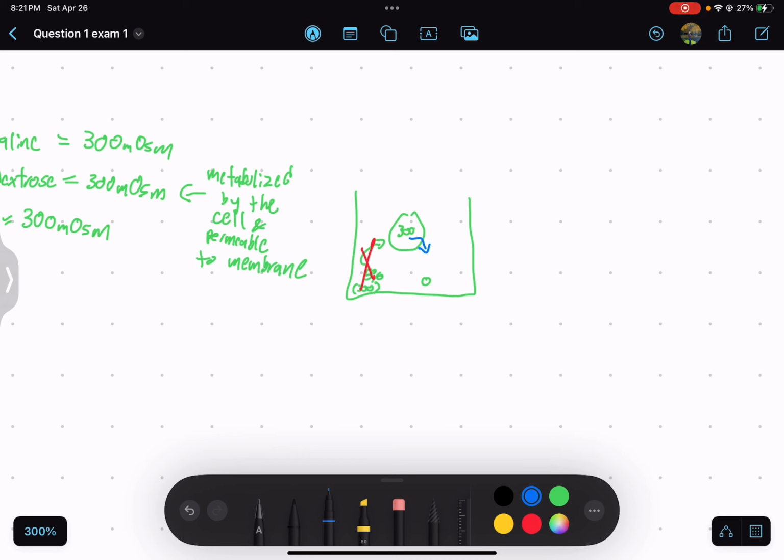So water will want to flow towards the solutes inside, since there's less solute outside, causing the cell to swell up. And that is how you can have an isoosmotic solution that is also hypotonic.